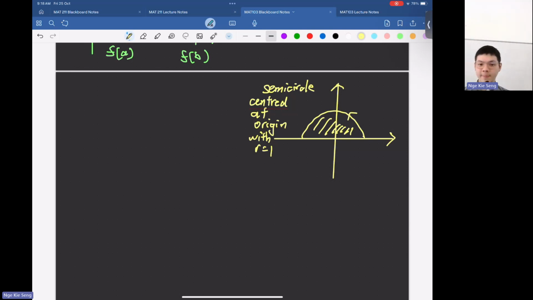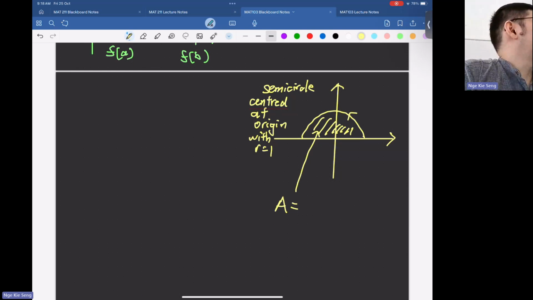If I ask you what's the area bounded by this curve, what's the area here? Pi over 2, right? Because it's half of pi r squared, and r here is 1.